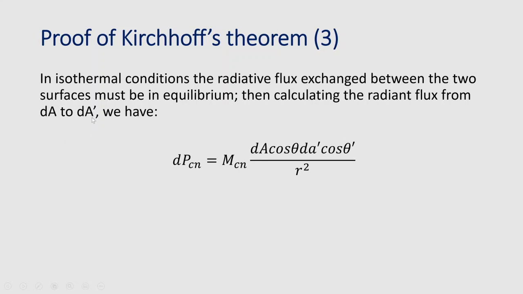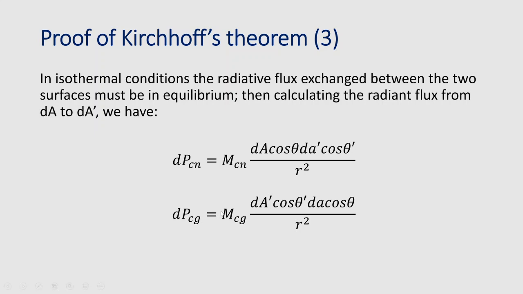I forgot to mention that these two surfaces are emitting energy simply because they have a temperature above absolute zero, of course. So, continuing, if we calculate the energy that goes from dA1 to dA, so from the gray body to the black body, this quantity will be dP Cg. Cg means corpo grigio, in English a gray body.